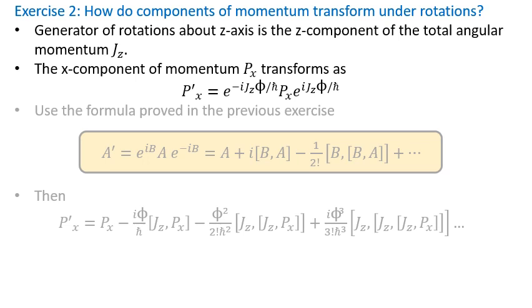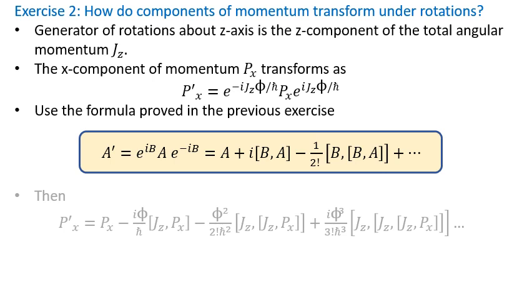In the Heisenberg representation of quantum mechanics, the operator px prime in the rotated reference frame is obtained by sandwiching the original operator px between the unitary operator of rotation and its inverse.